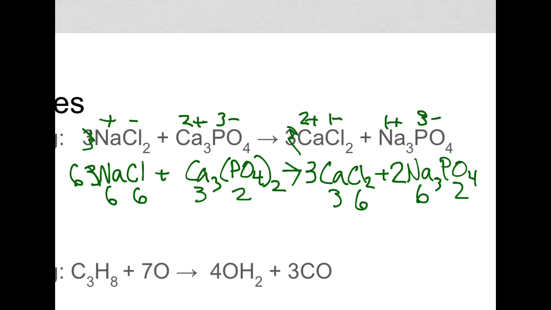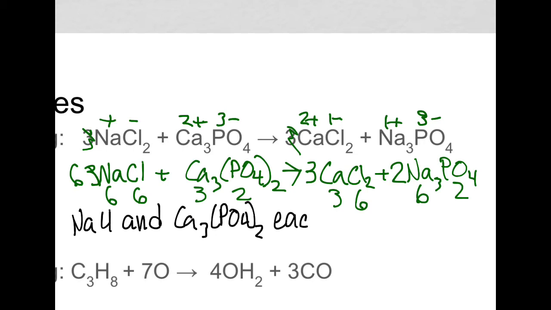So one part is doing the actual correction. The other part is writing it out. So what was wrong? So NaCl and calcium phosphate. If you want to use the names, you can.